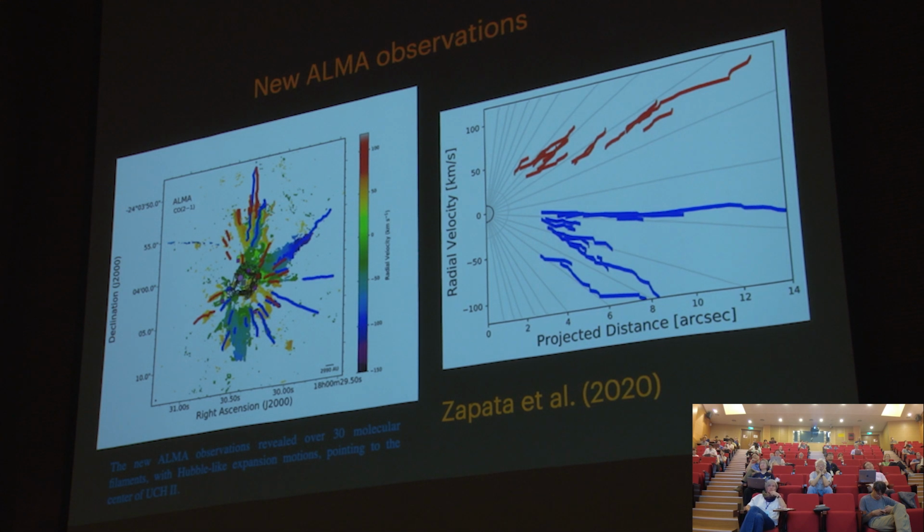And this is another really impressive result: we have a second case of an explosion occurring in a massive star-forming region, something really similar to what is happening in Orion. This gives you some idea that this phenomenon is really happening in this kind of star-forming region.